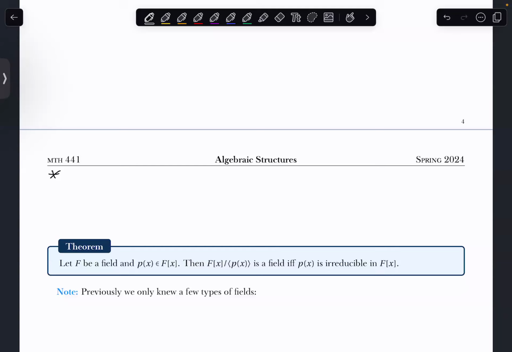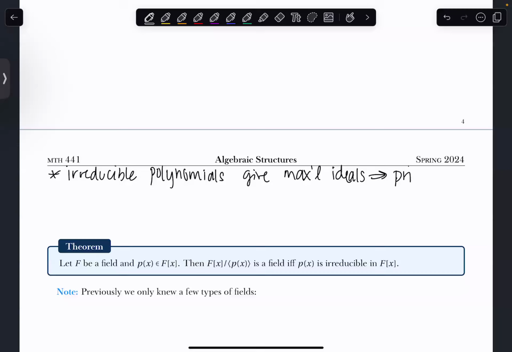That's the smallest it can get in terms of factoring. So these irreducible polynomials give maximal ideals. And in our case, that implies that it's a prime ideal as well.